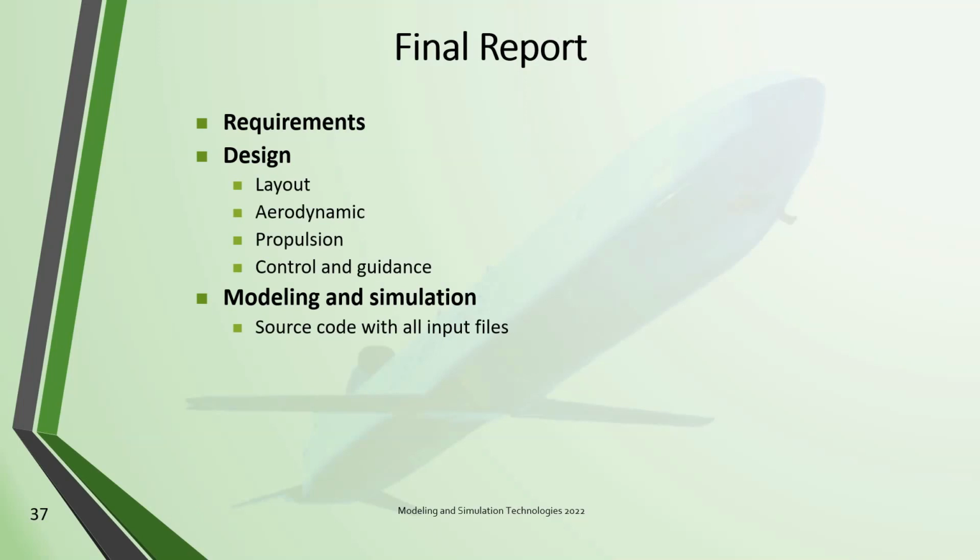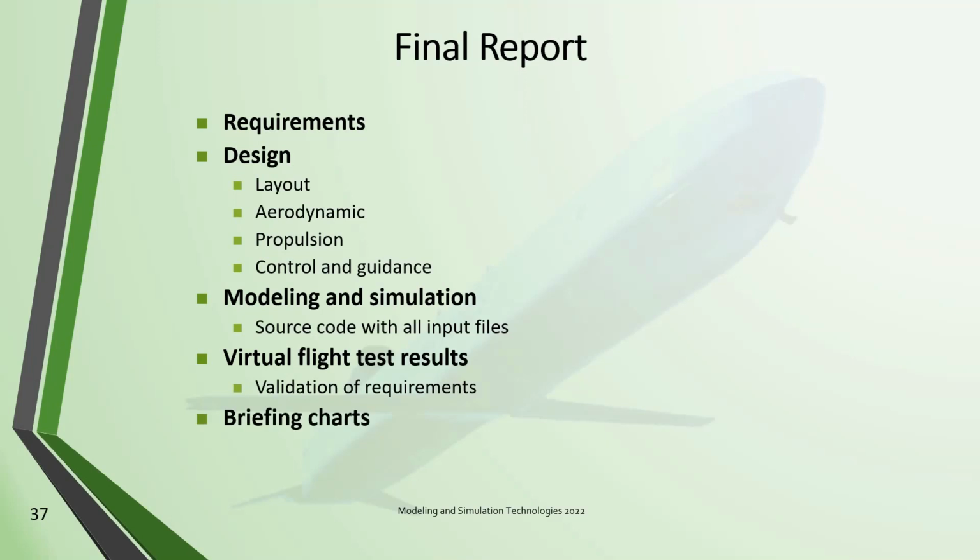Then they would tell us something about their modeling and simulation attempt, and they would have to provide the source code with all the input files so we can check it out, and then show the results of the final virtual flight test that validates the requirements. And finally, providing the briefing charts.